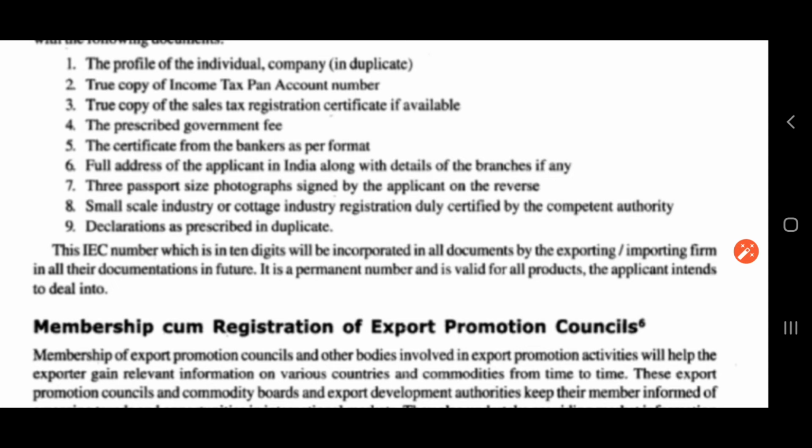That means any association which intends to help its members. Similarly, exporters also have an association that is called export promotion councils. So the exporter, once he has got this IEC number, should apply for registration in this EPC, that is, export promotion council.